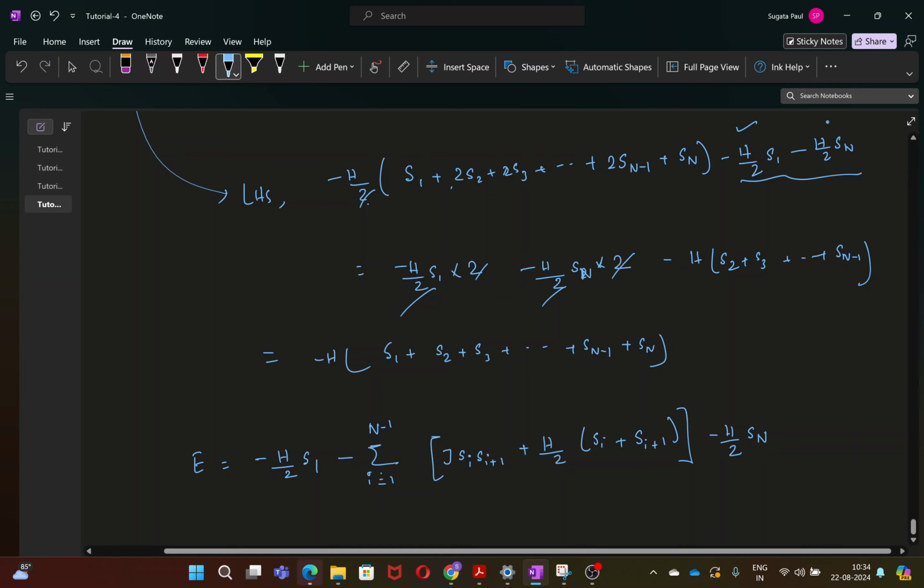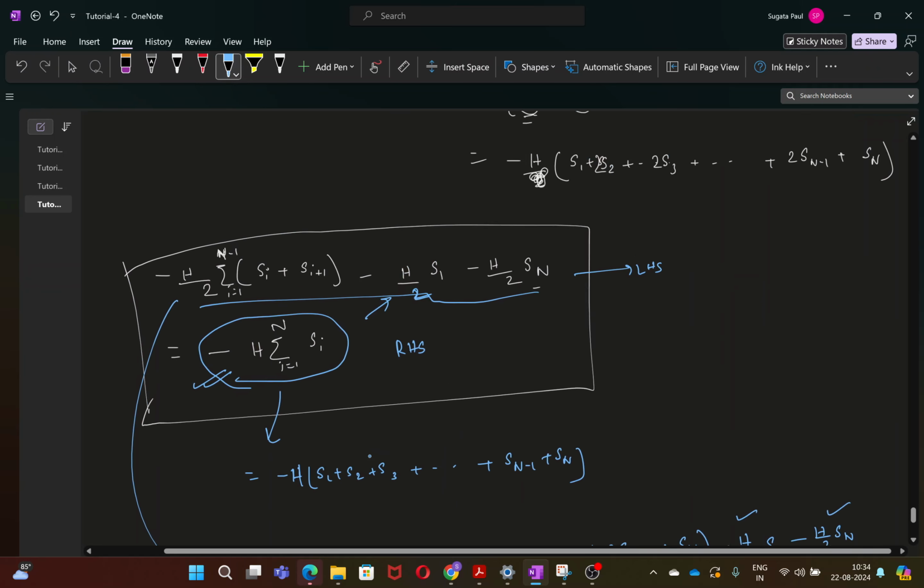So we just write these two extra terms at the front and at the end, and the rest of the terms are these terms which I had already shown you that you can rewrite in this form.